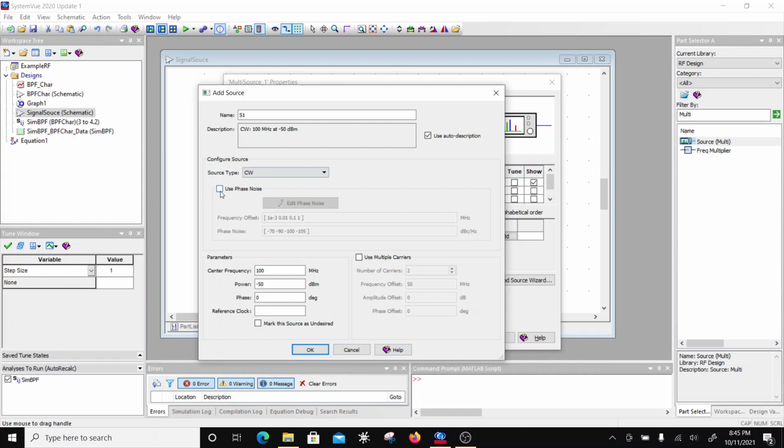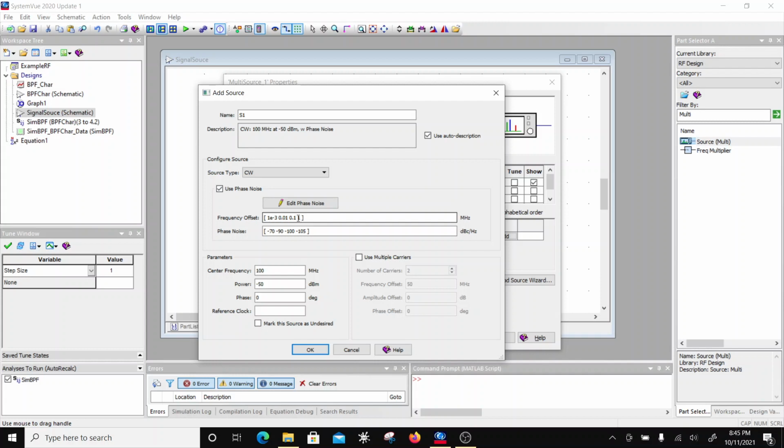Now another thing is, when you characterize something like a PLL, you can put phase noise information here. What you see here is in megahertz, so 1e minus 3 is going to be 1 kilohertz, and so on. So 1 kilohertz, 10 kilohertz, 100 kilohertz, 1 megahertz.